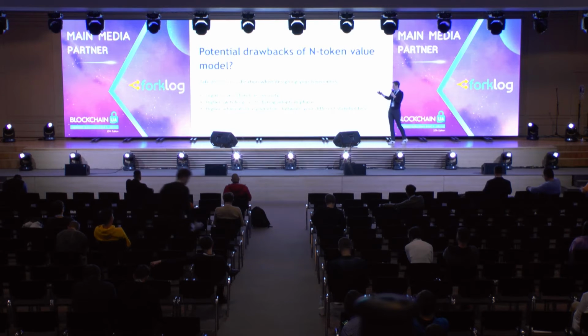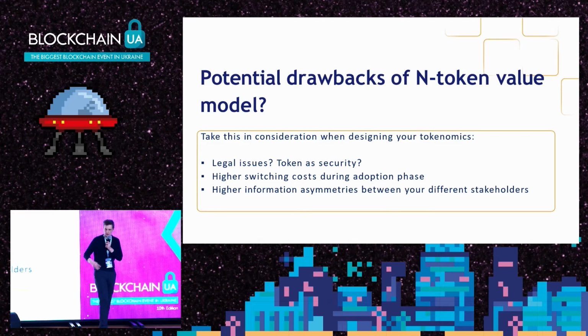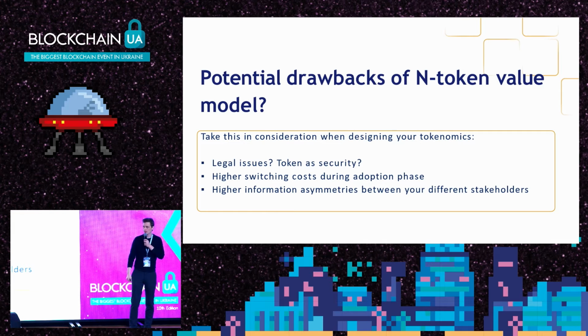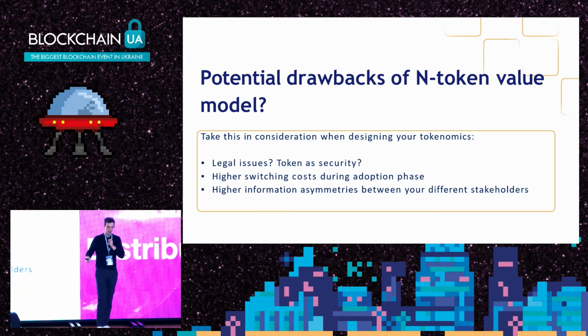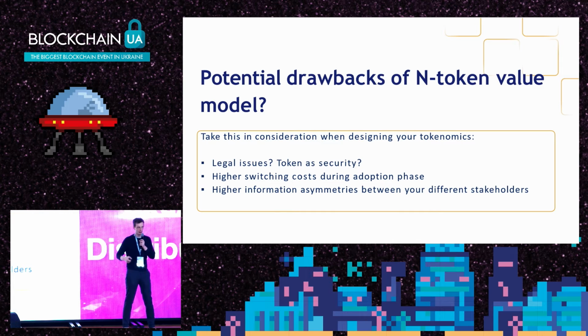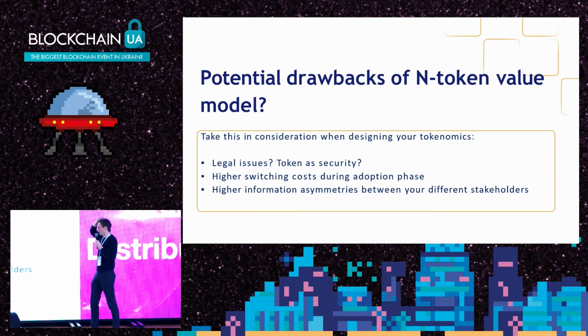Another drawback is what we call switching cost in economics. Basically, if you have a network with several tokens, it really complexifies the understanding of the whole network and how people will interact with it. If it's too complex, then people might say, okay, I don't understand how it goes.